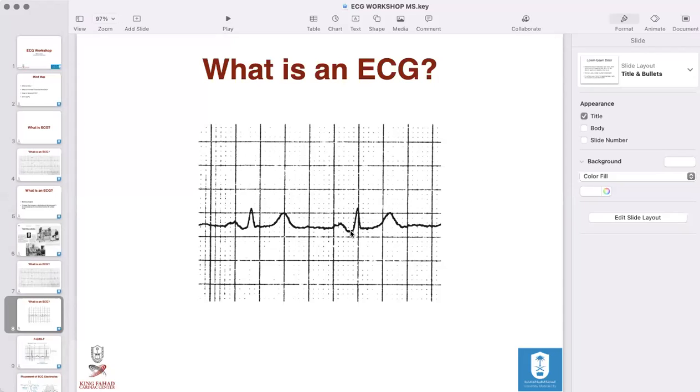Then an isoelectric line, and then you have the QRS, and then the ST segment, and this is where we look at acute myocardial injury. Then we have the T wave, and then the TP segment, which is the isoelectric line.